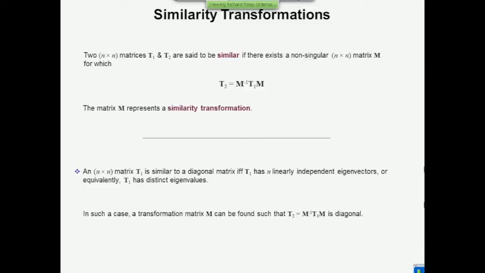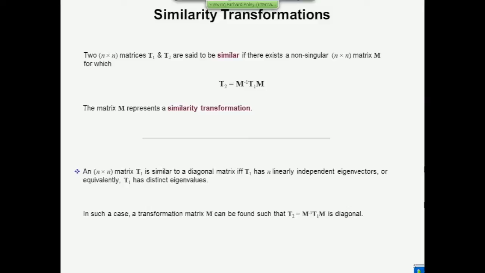Now, this is an important point, so let me spend a couple of minutes describing it. It is possible to find a similarity transformation matrix M, which takes T1 and makes T2 diagonal, right? And if you can do that, then there's a lot of benefits that come out of that particular representation, that particular coordinate frame.